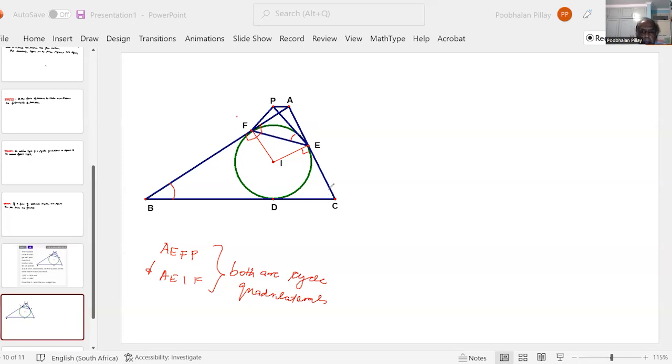And we also said that this angle here is equal to that angle there. Now, bearing that in mind, we know something about this angle.